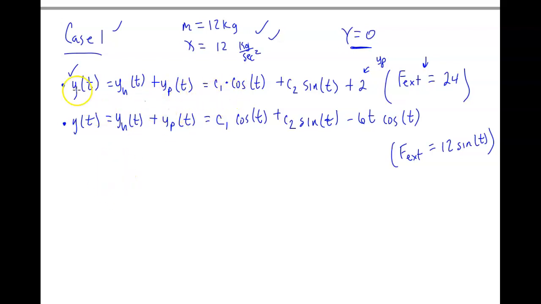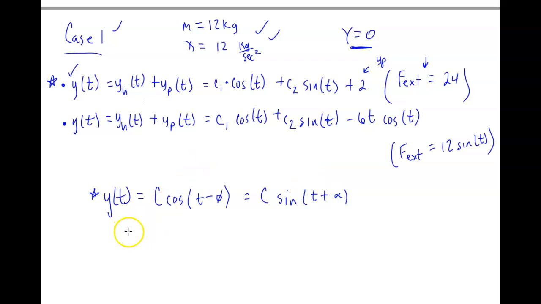So in short here, and again, I'm just talking about this response, I could rewrite this in one of two ways. I could rewrite it this way as C times cosine of t minus phi, or I could write it as C times sine of t plus alpha. And C ends up being the square root of C1 squared plus C2 squared.